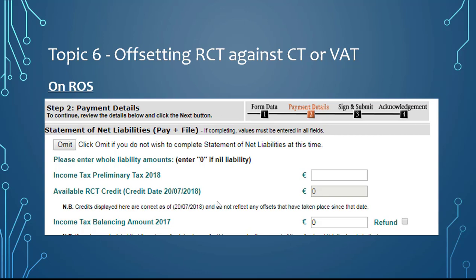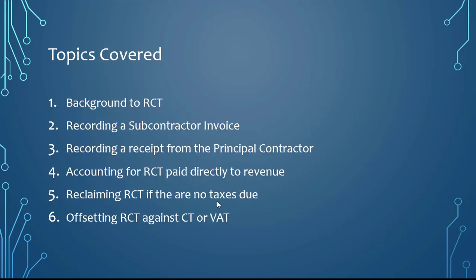So that's the very last piece that we have in our RCT versus corporation tax or VAT, be it employers' PAYE or anything else. So finally, I want to make sure that we've covered everything that we had said. We're looking at the background to RCT, so understanding what RCT is all about, understanding how to record a subcontractor's invoice, and understanding how to record a receipt from the principal contractor.